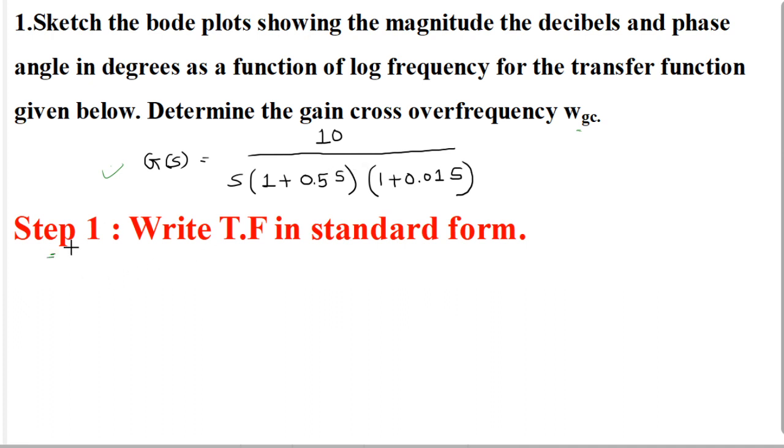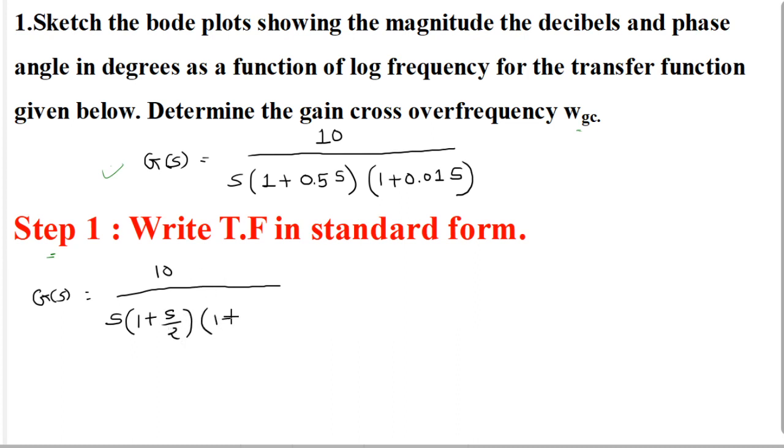Now step number 1: write the transfer function in standard form. In this step we are writing the transfer function in standard form, so that G(s) is equal to 10 upon s(1 + s/2), because 0.5 means s by 2.